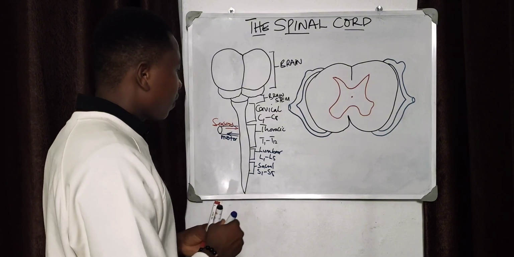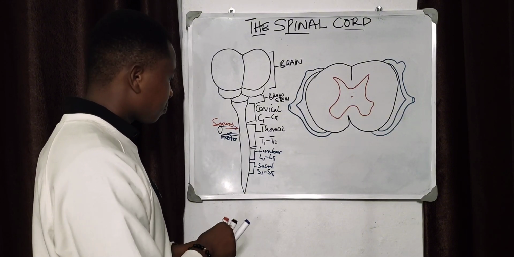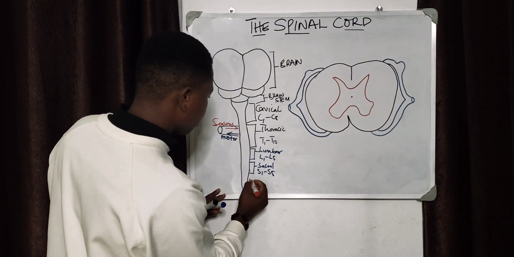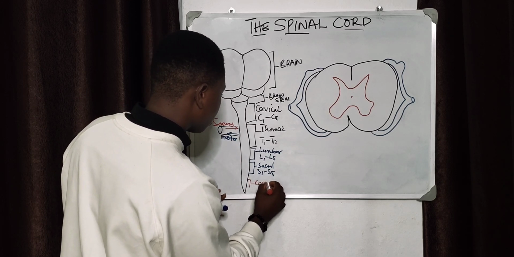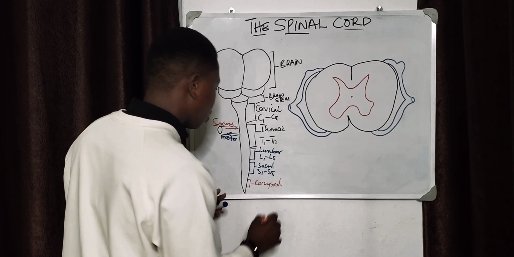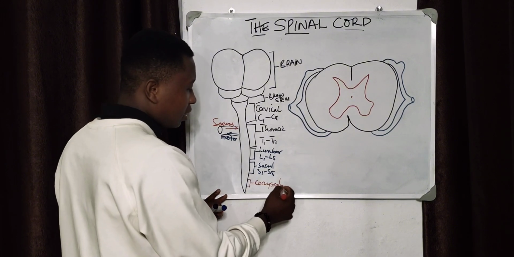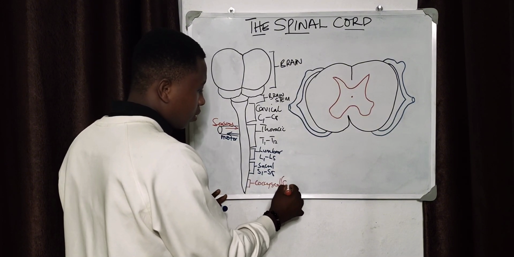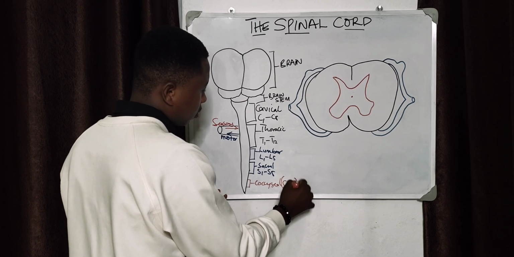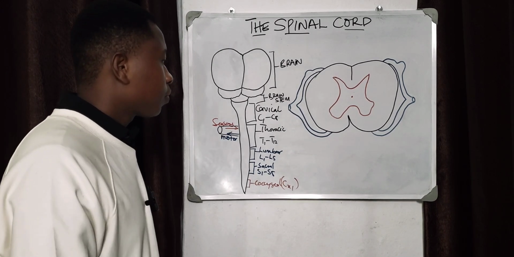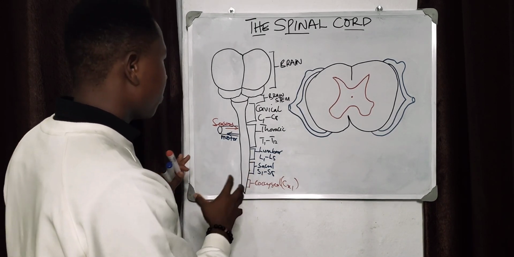All right, and finally you have the coccygeal nerve, and it is just one, so it is oftentimes termed CX1. Okay, so these are the different segments of the spinal cord.